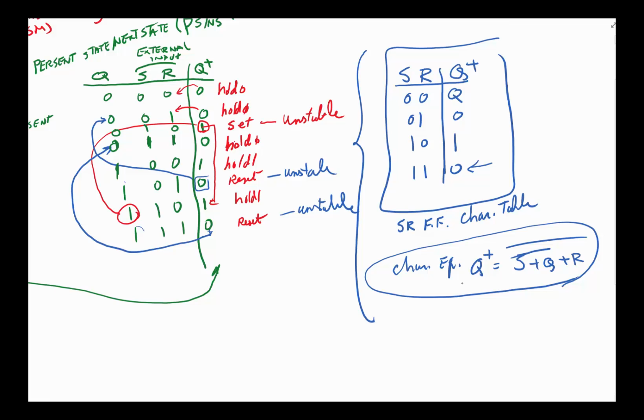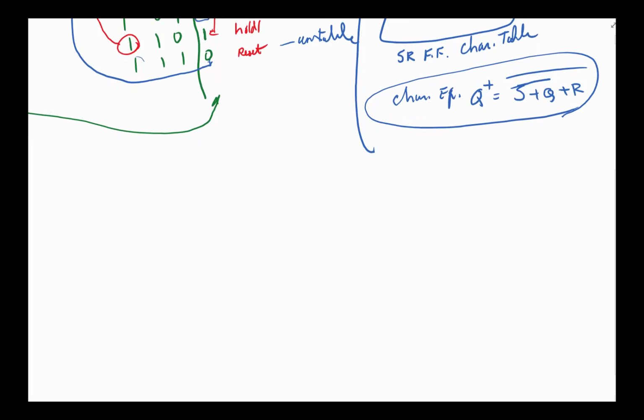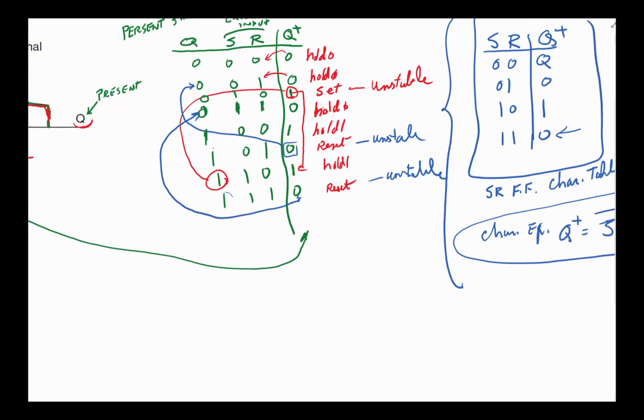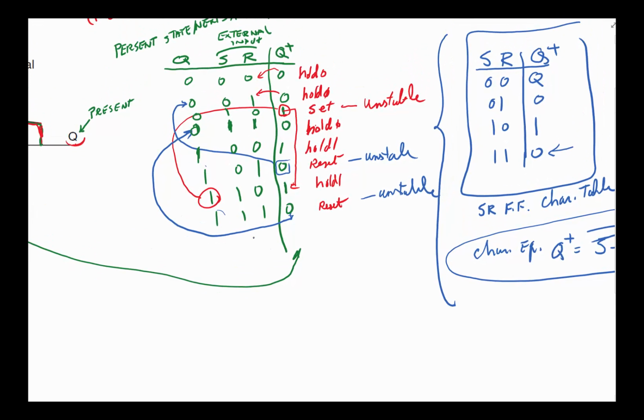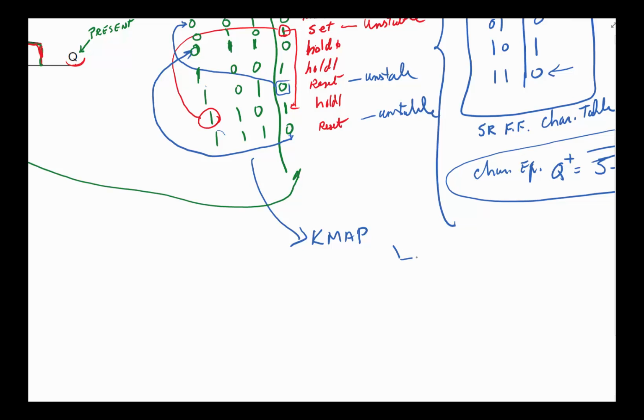Okay, now let's go ahead and do one more thing before we leave this alone. Another way, and that's not done commonly, but another way to describe a flip-flop, we can take this present state next state table and do a K-map for it. Okay, so if you do a K-map for this, we will have S and R here and Q here, 0, 1, 0, 0, 0, 1, 1, 1, 1, 0.